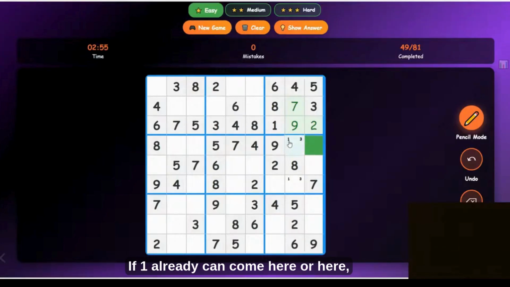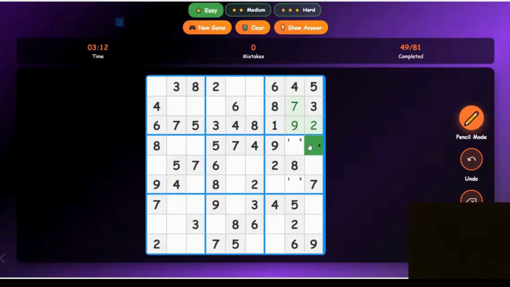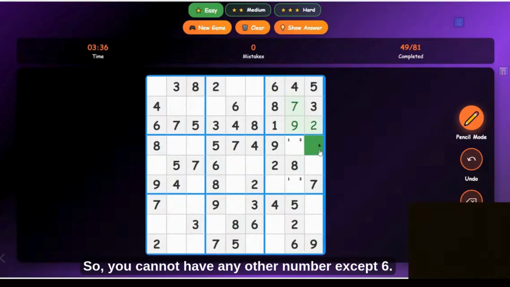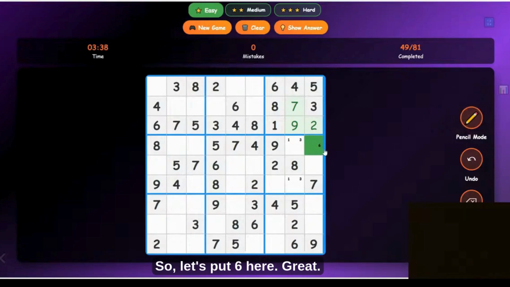If 1 can come here or here, 1 cannot come here. So you cannot have a 2 here, you can't have a 3, 4 or 5 here. 6 you can have. So let's write 6 in pencil. We have 7, so you can't have 7. 8 is there, 9 is there. So you cannot have any other number except 6. So let's put 6 here.